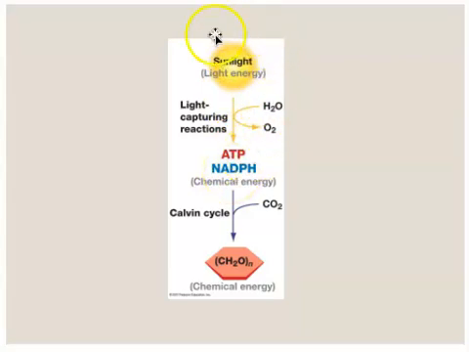Again, the light energy has been converted to chemical energy, to potential energy in these molecules. Those two molecules are then going to be used in the process known as the Calvin cycle, along with carbon dioxide gas, to produce the final product of photosynthesis, which is carbohydrate.